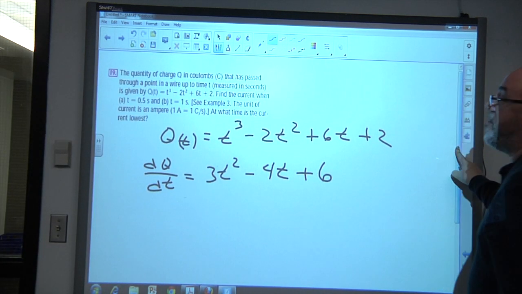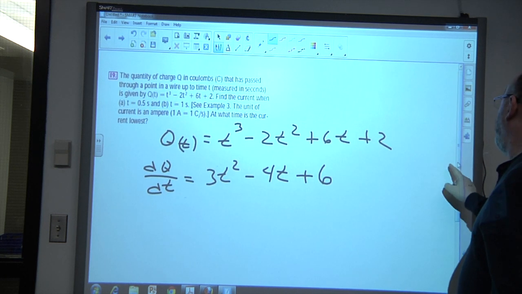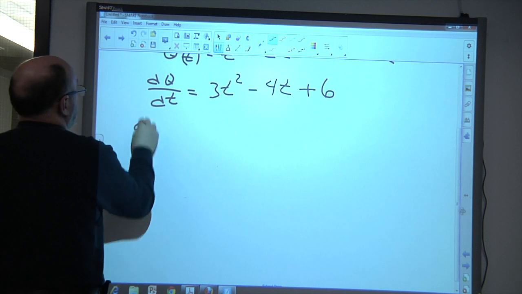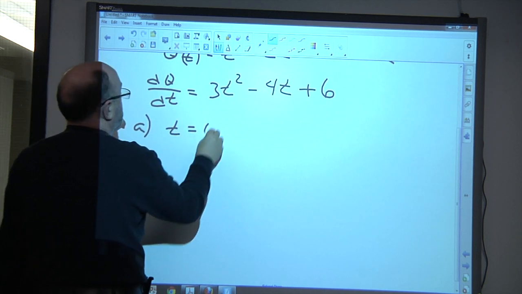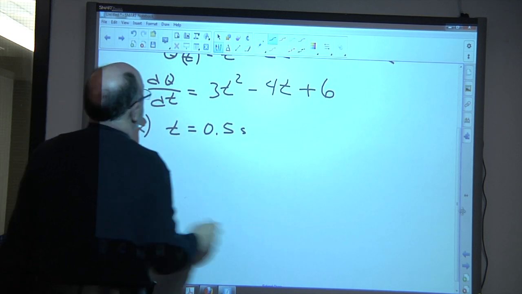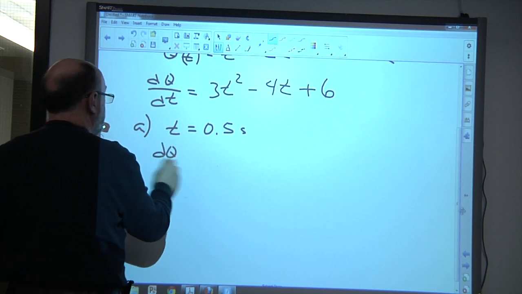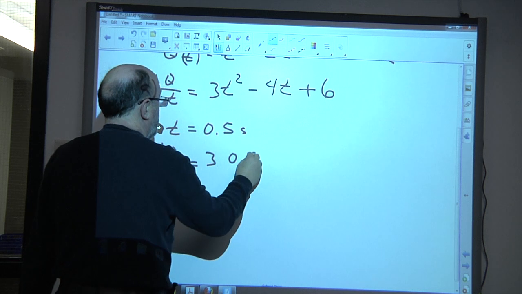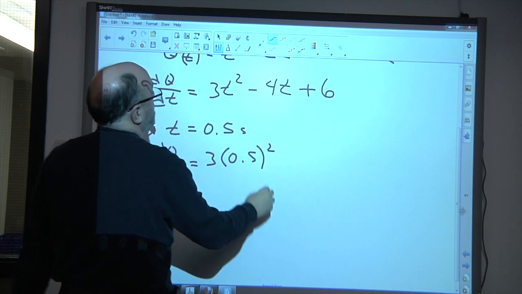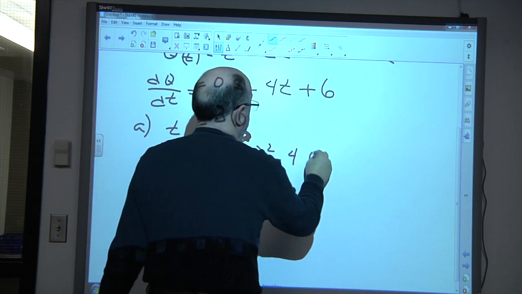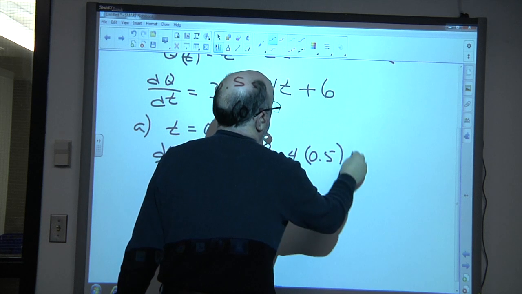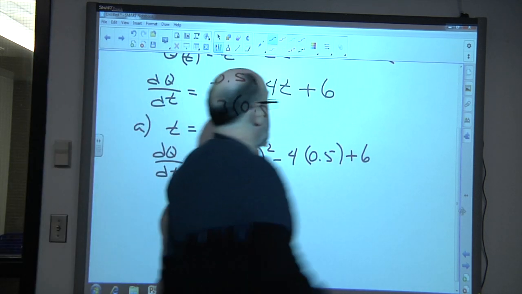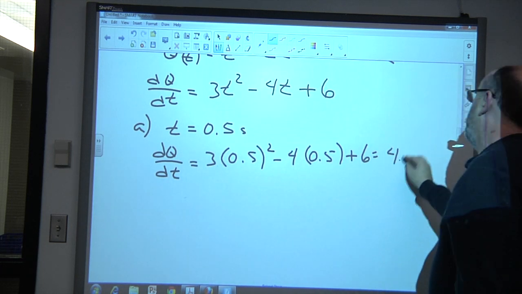And so they want you to do it at 0.5 seconds and at 1 second. Right? So part A, when t equals 0.5 seconds, you get dq dt is going to be 3 times 0.5 squared minus 4 times 0.5 plus 6. And that comes out to be 4.75 amps.